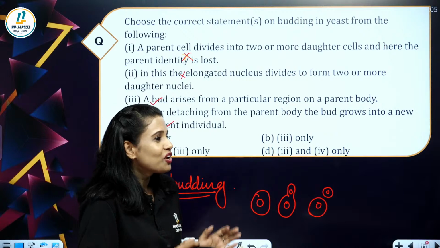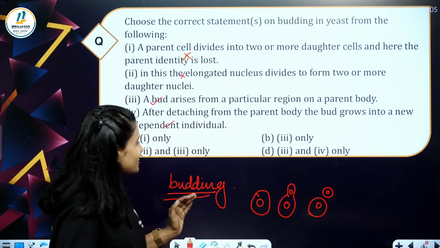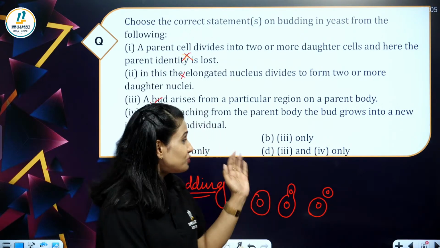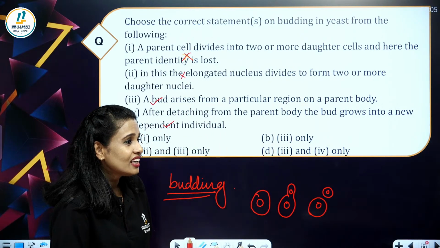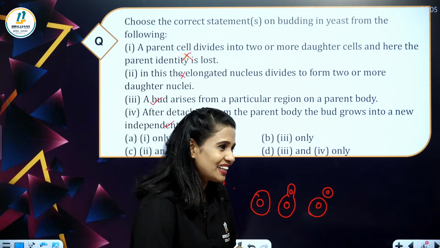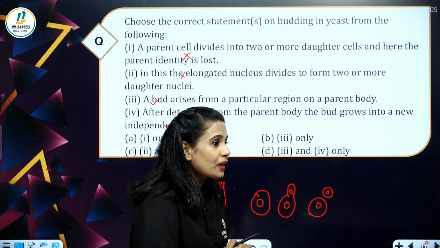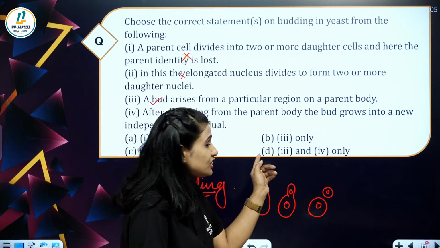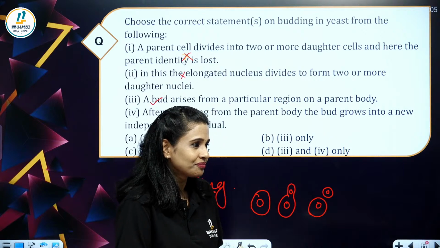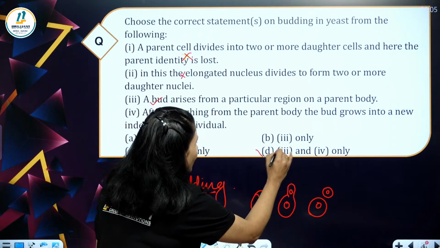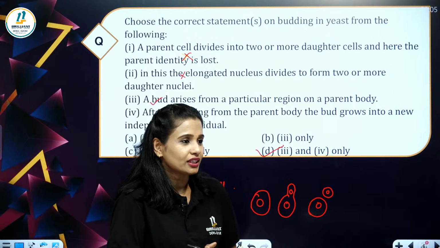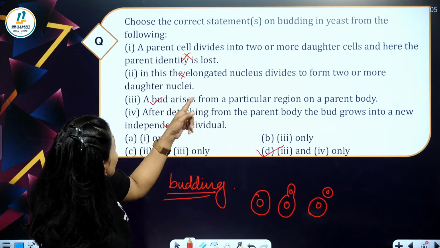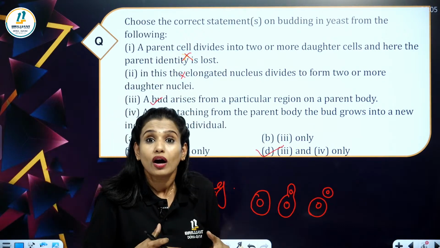So from this, which one is the correct option? Yeah, very good. It is option D, third and fourth only. See here, the first two statements are about fission.